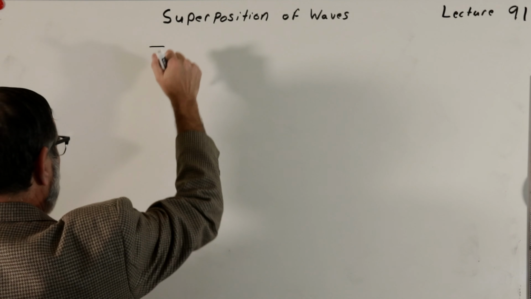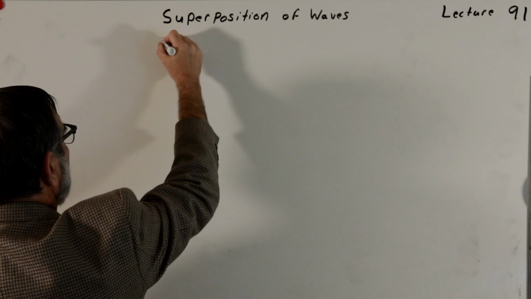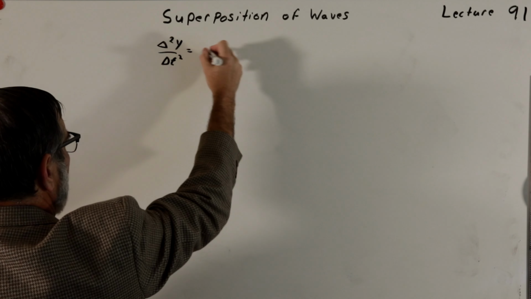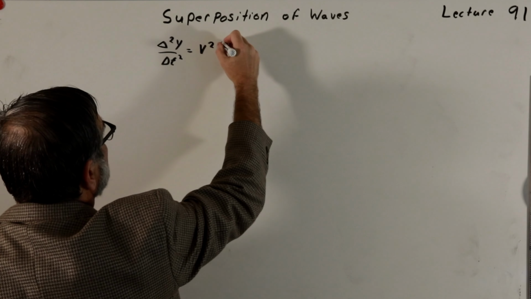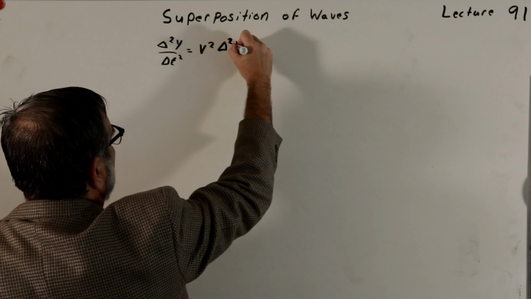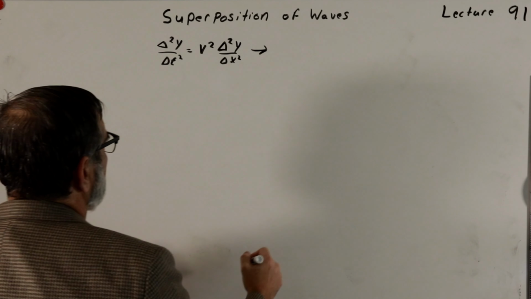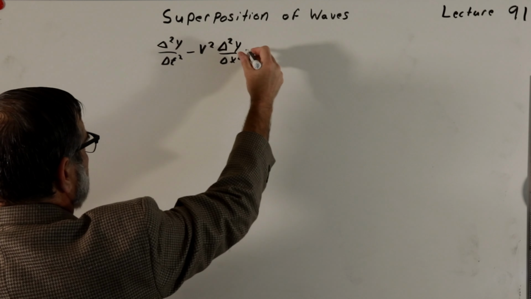Recall that, whoops, I was about to use some notation that would be unfamiliar to you. Delta 2y over delta t squared, that's the acceleration of the wave, is equal to v squared times delta 2y over delta x squared. If I subtract this term from both sides, this becomes minus v squared equals 0.